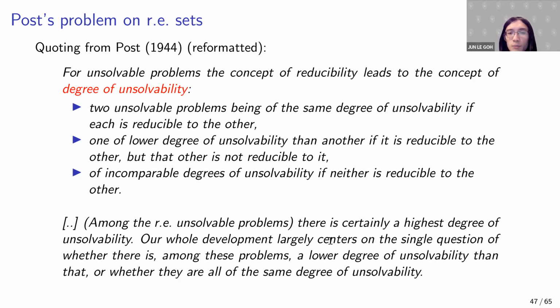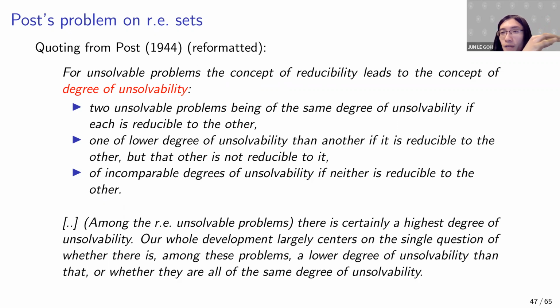In Post's problem, in the second half, he's just asking whether there is a degree strictly in between, right? And I just want to point out that if there are incomparable degrees of unsolvability, then both of the incomparable degrees will be answers to Post's problem.